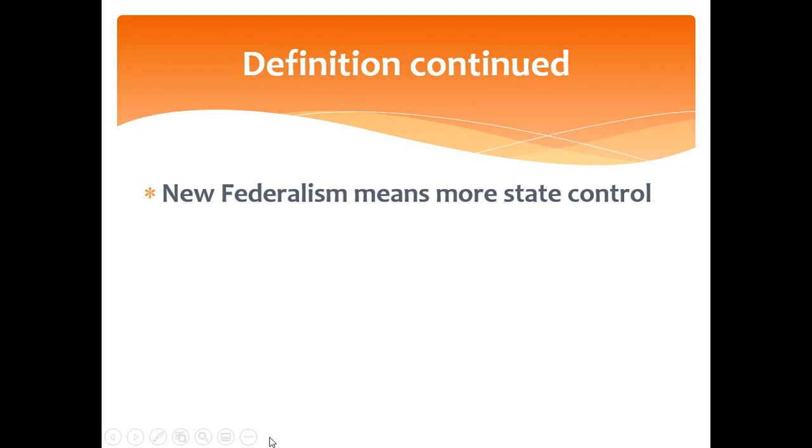So we see the introduction of the block grant. With a block grant, the federal government might say, Texas, I am going to give you a block grant for transportation. Here are $3 billion. Use it for transportation-related projects.